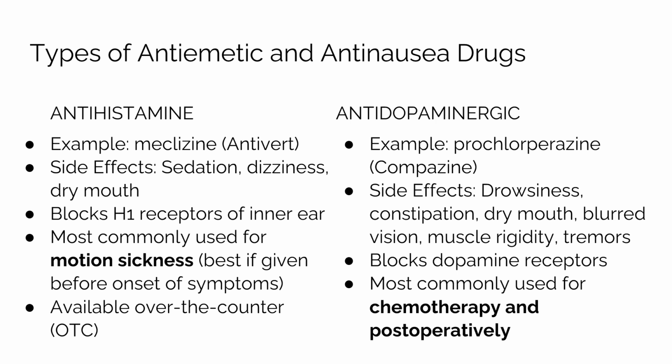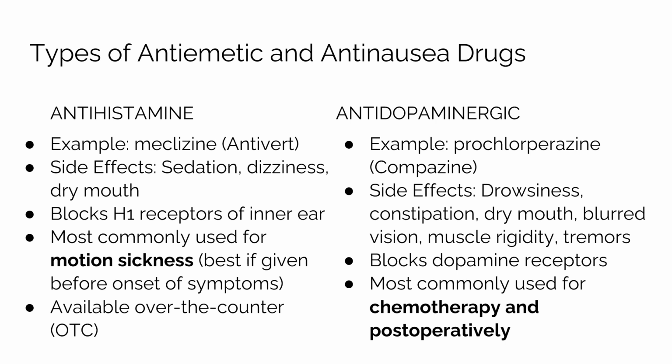Next, we will talk about antidopaminergic drugs. An example is prochlorperazine. Side effects include drowsiness, constipation, dry mouth, blurred vision, muscle rigidity, and tremors. These drugs block dopamine receptors.